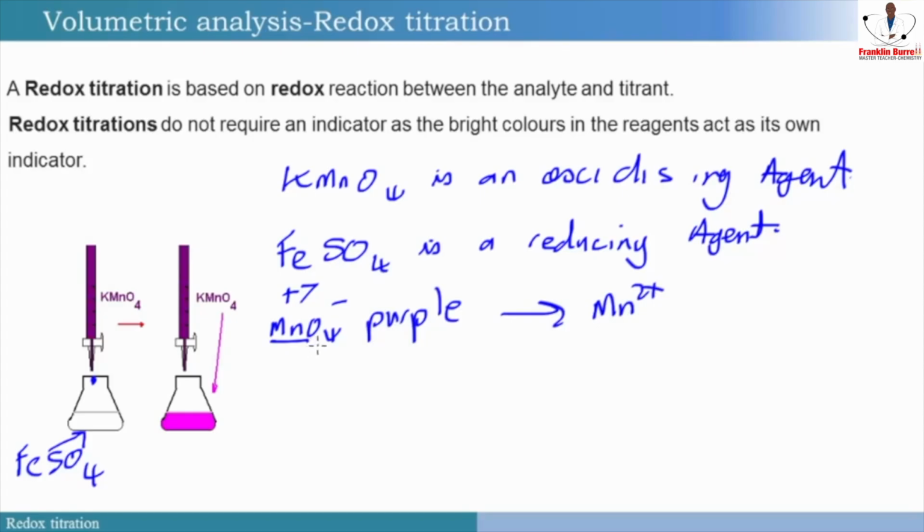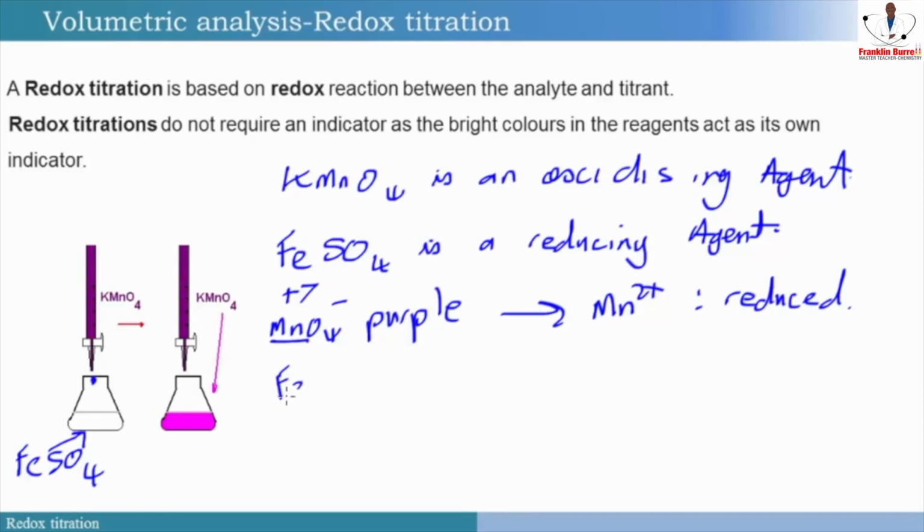So manganate 7 ion moves to manganese 2 plus ion. So therefore, this was reduced. Whatever is reduced is the oxidizing agent. So KMnO4 is being reduced, so it is the oxidizing agent.